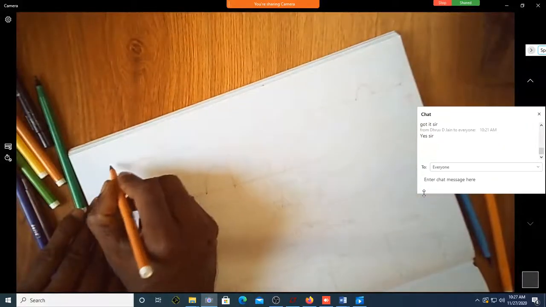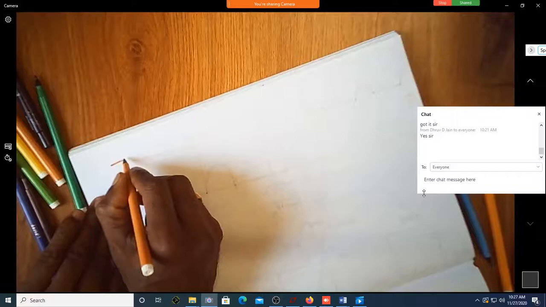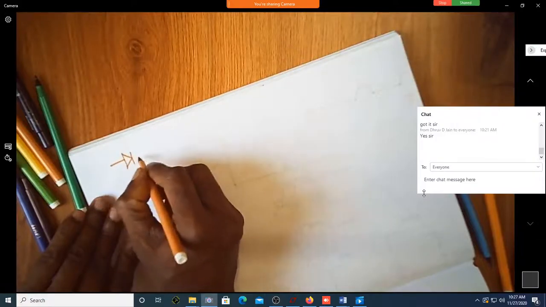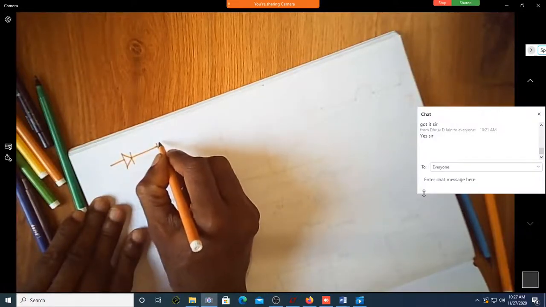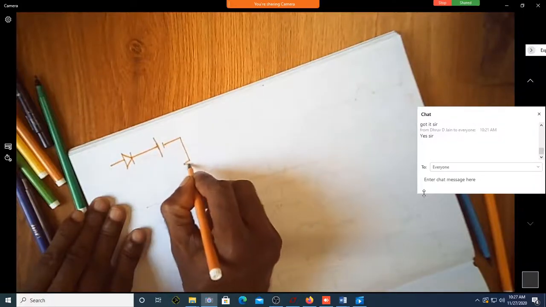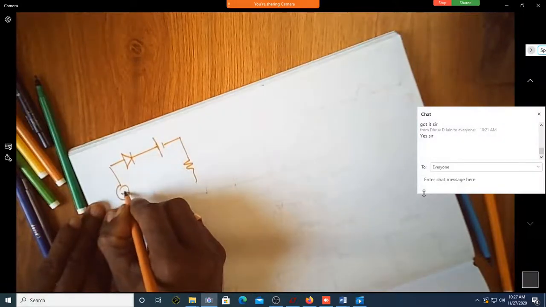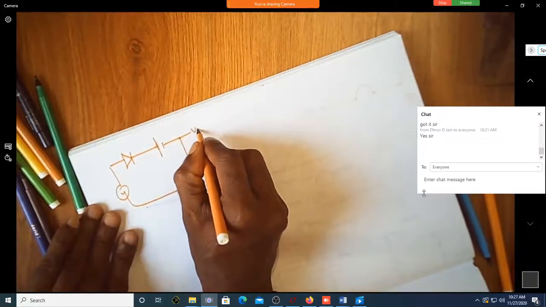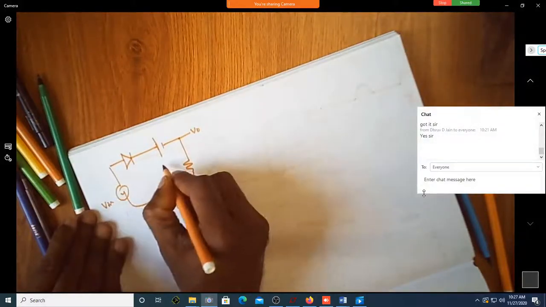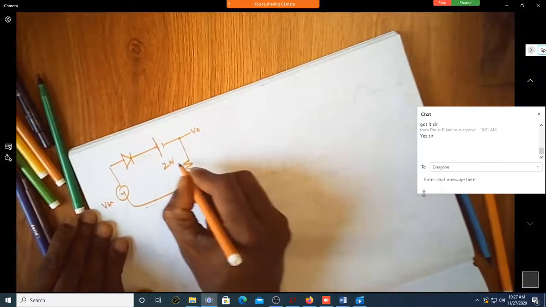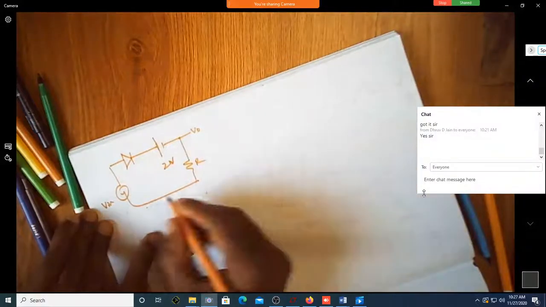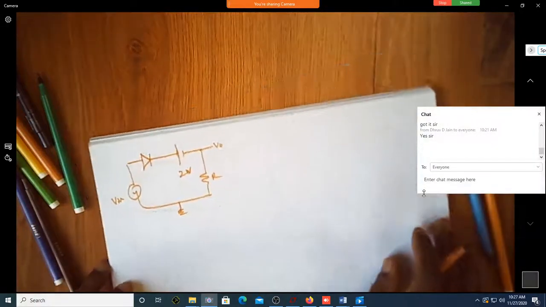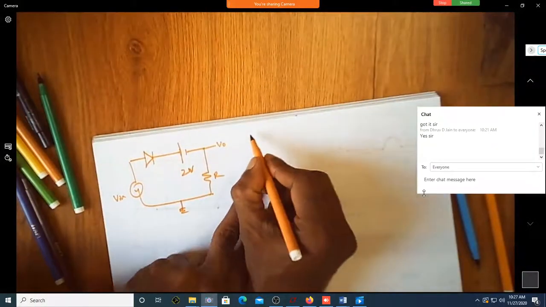Please stop me if any one of you are not getting anything anywhere. Let me write this circuit. So shall we write the equivalent circuits?